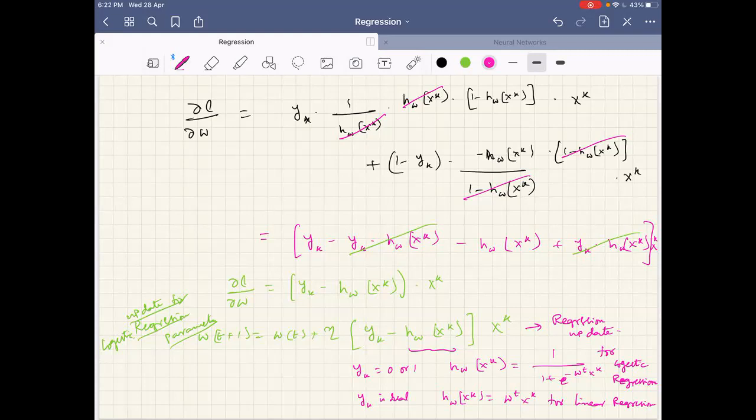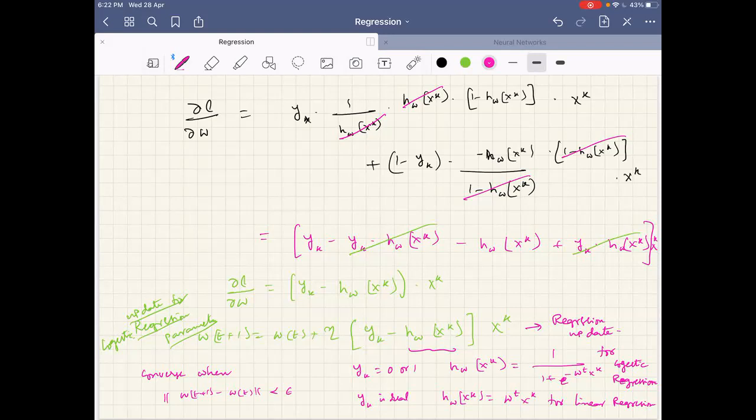We stop the update when convergence happens, when Wt plus 1 minus Wt, for all the elements, is less than epsilon. Either the norm or individually each element is less than epsilon.